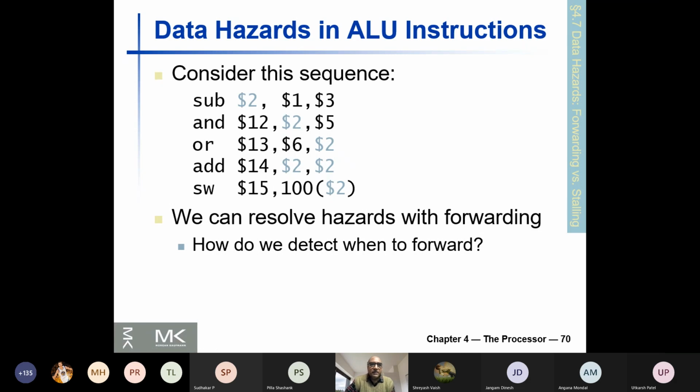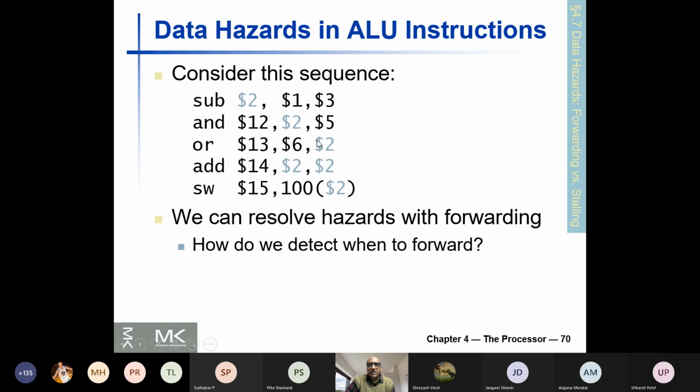The assembler or the compiler can cleverly place the instructions appropriately so that the data hazards can be avoided to some extent. That is the software approach.